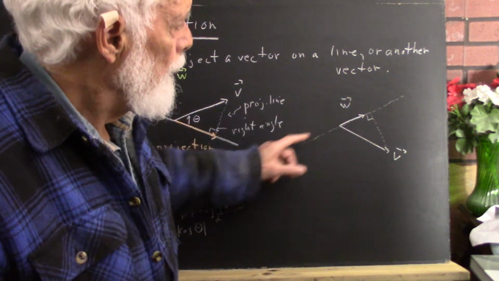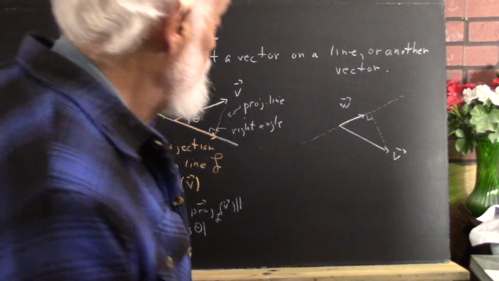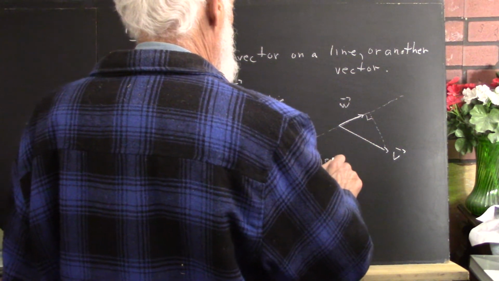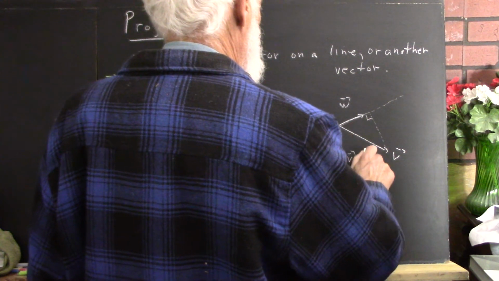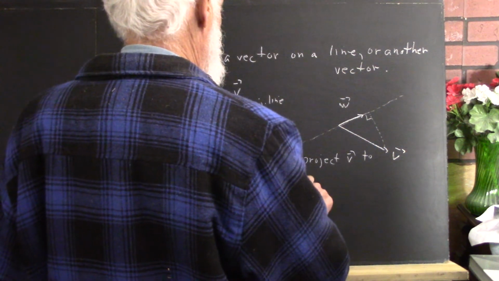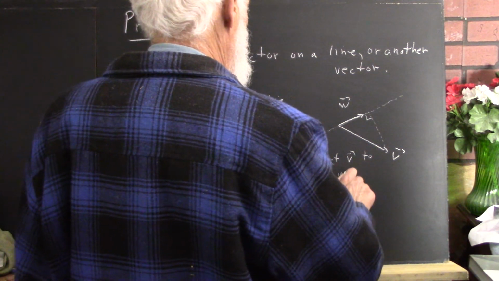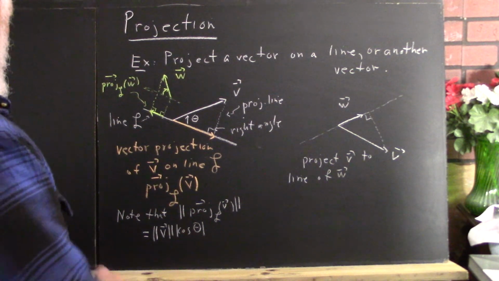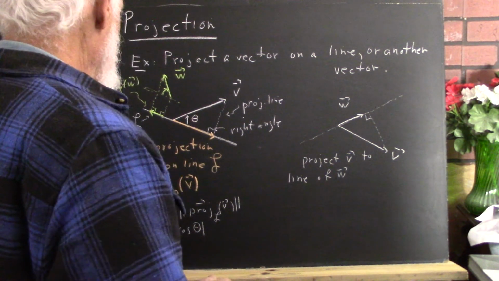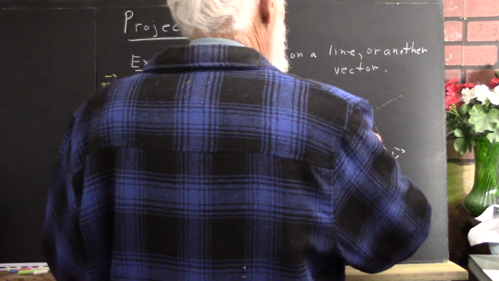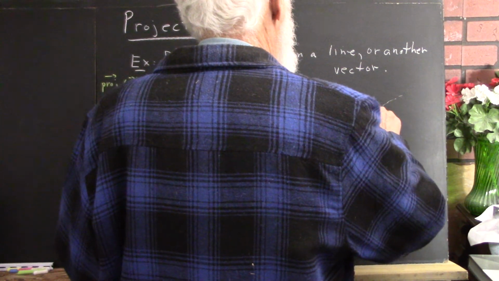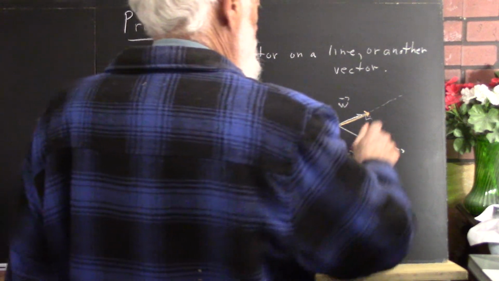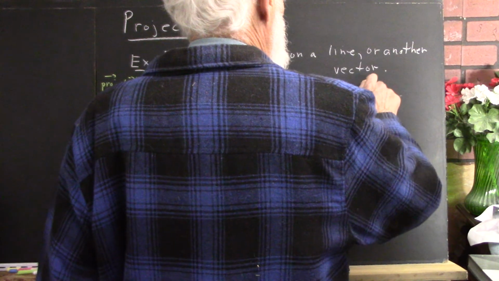We project v to the line of w. Okay, we do that, and again, we end up with the projection. And the projection is going to be just this vector here.